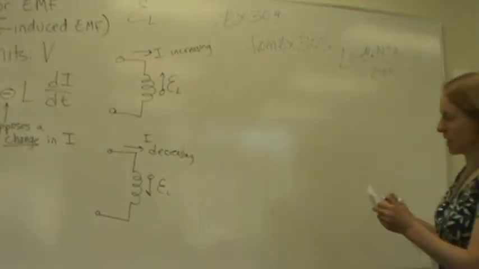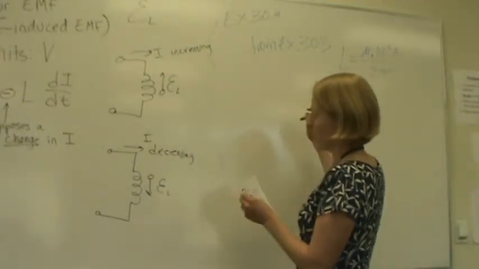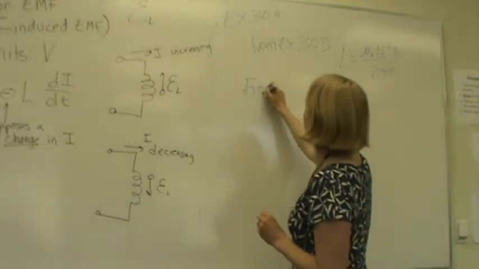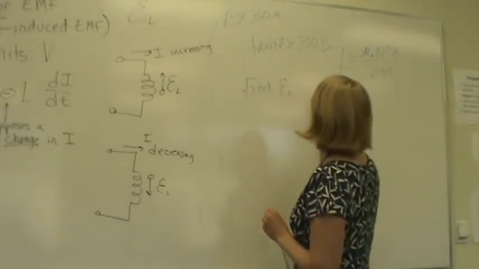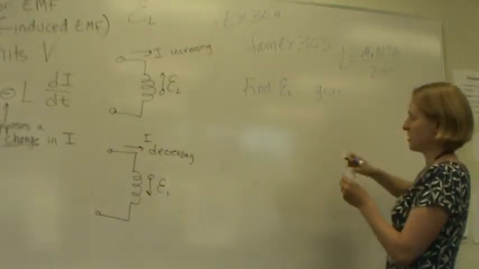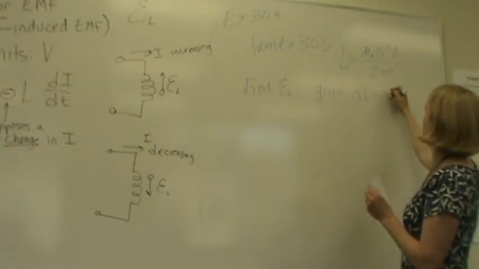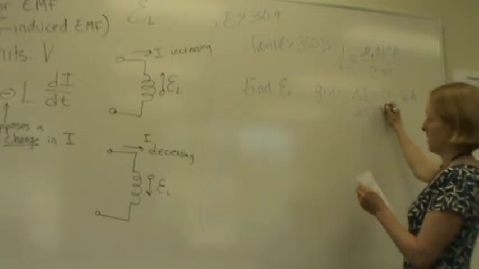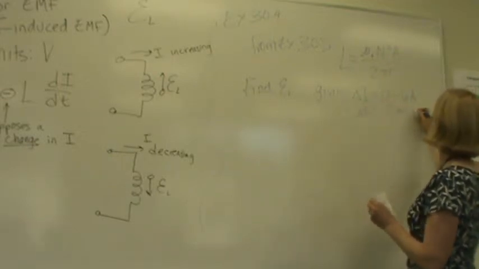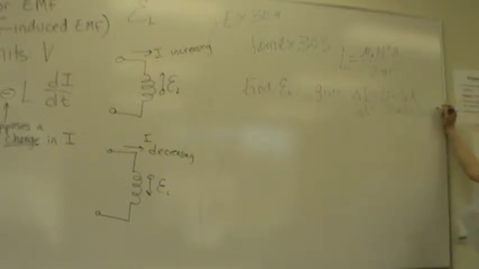And so now we're trying to find the magnitude and direction of the self-induced EMF. So find E sub L. And we're given that the change in current is from 0 to 6 amps, and the time is 3 times 10 to the negative 6 seconds.